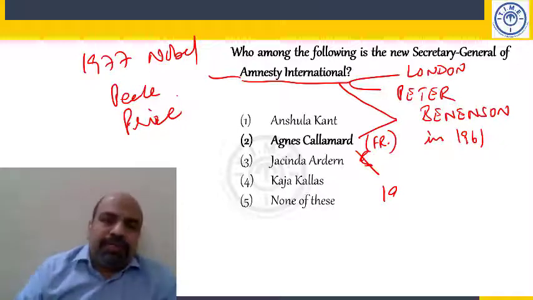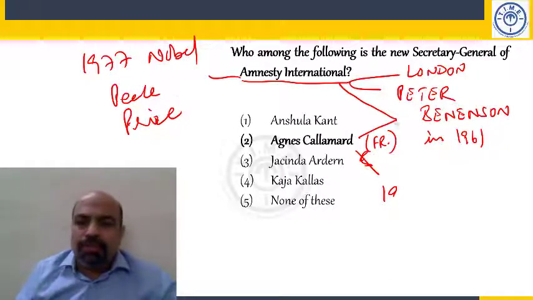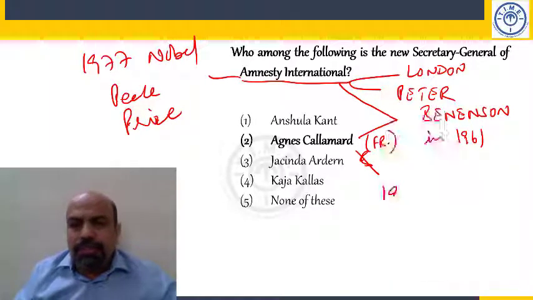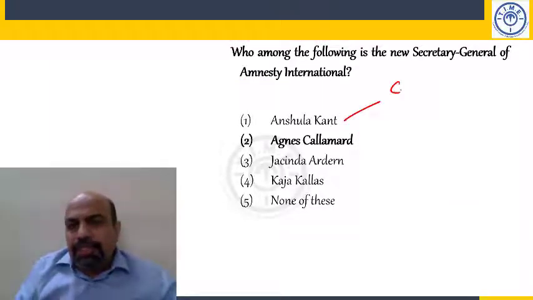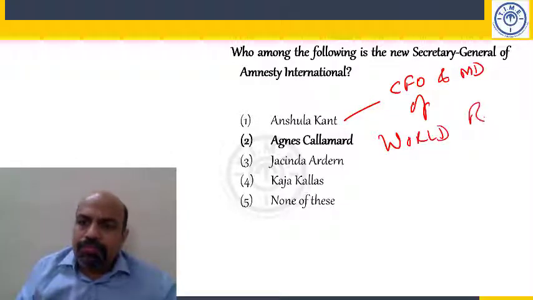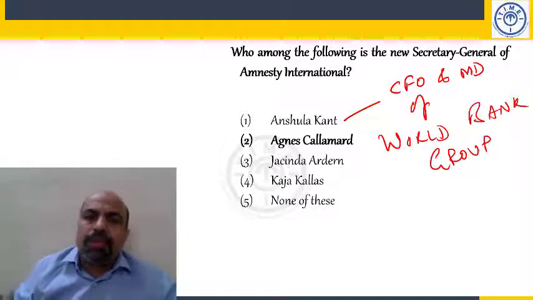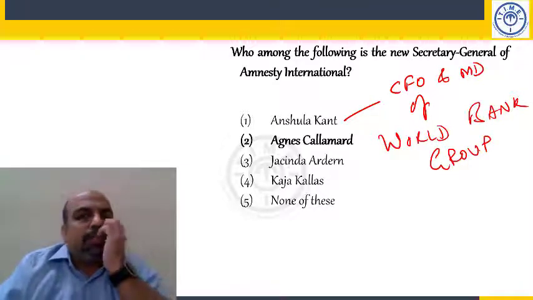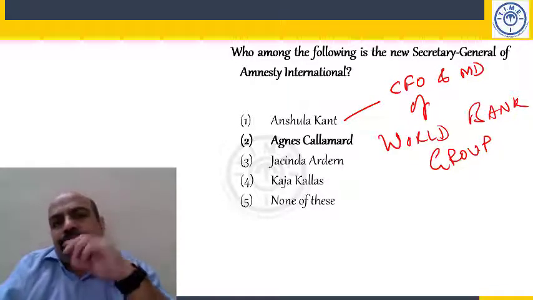Leave one line space and write, look at choice one. We'll take one more choice, two more choices maybe. Anshula Kant, Chief Financial Officer and Managing Director of World Bank Group.